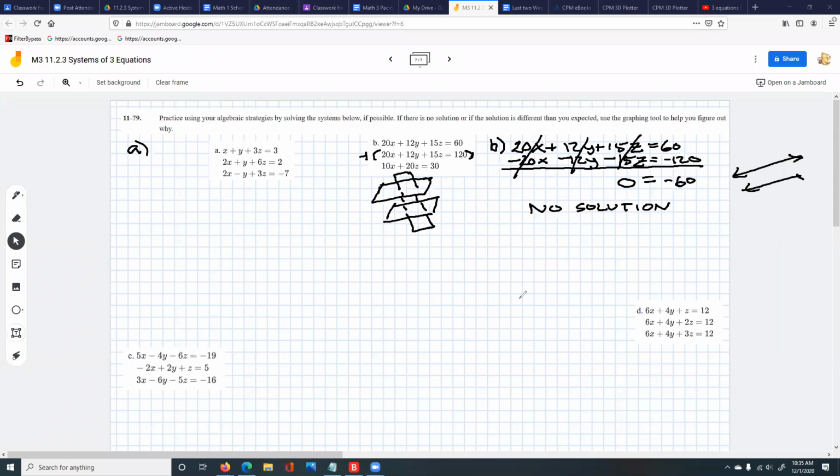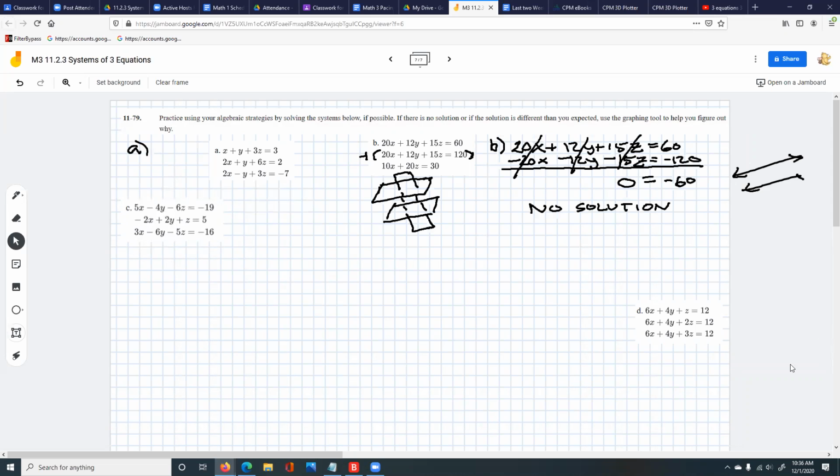All right, let's look at C here. I'm going to bring C up to the top. Let's look at the x variables: 5, negative 2, 3. Can we easily cancel those? Not really. 4, 2, negative 6. Can we easily cancel those? We'd have to make a lowest common multiple. We could do it, right?